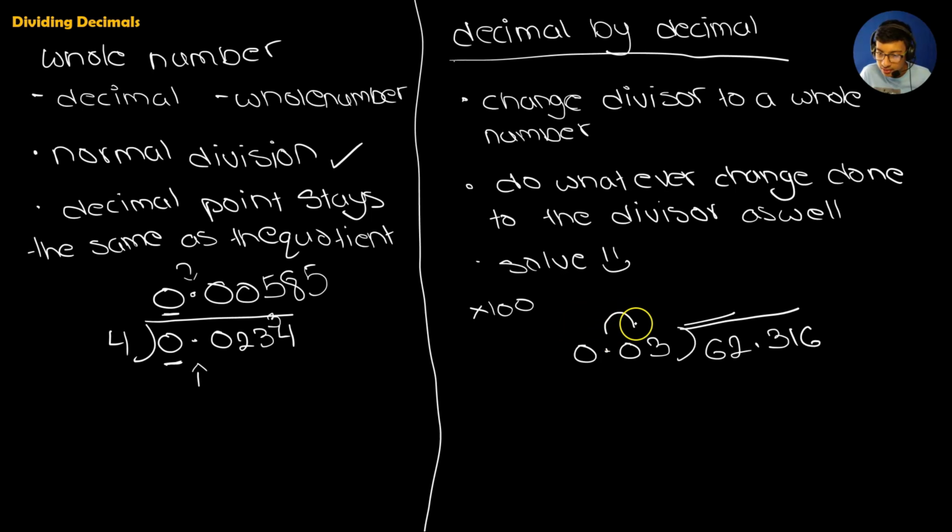So once, twice, 0.03 becomes 3. Now it's a whole number.